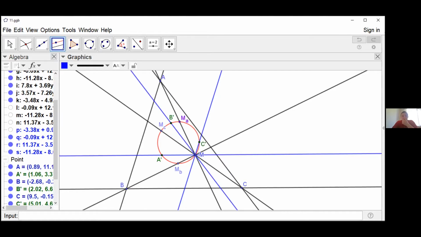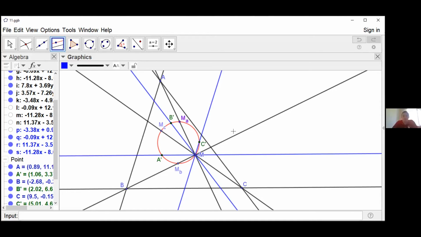In this construction, we need to prove that three circles are coaxial: the circle A prime, MA, and the three analogous circles are coaxial.